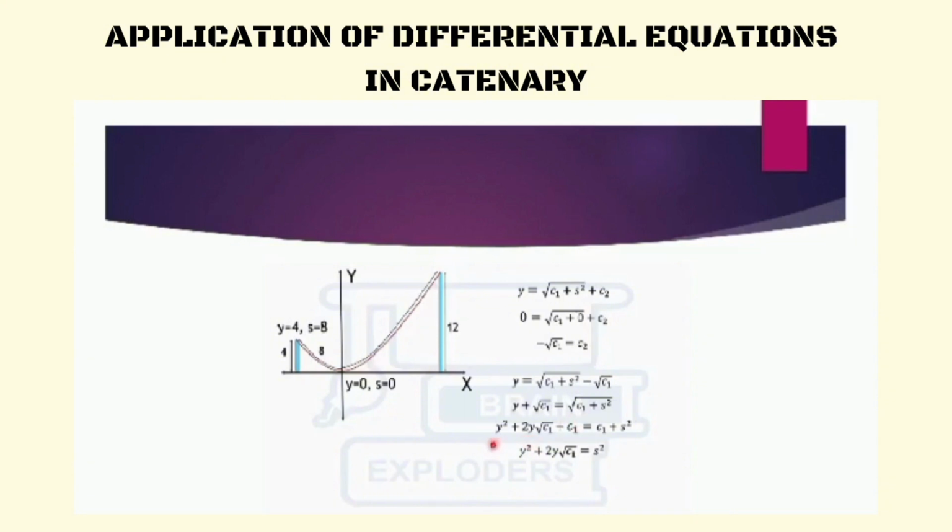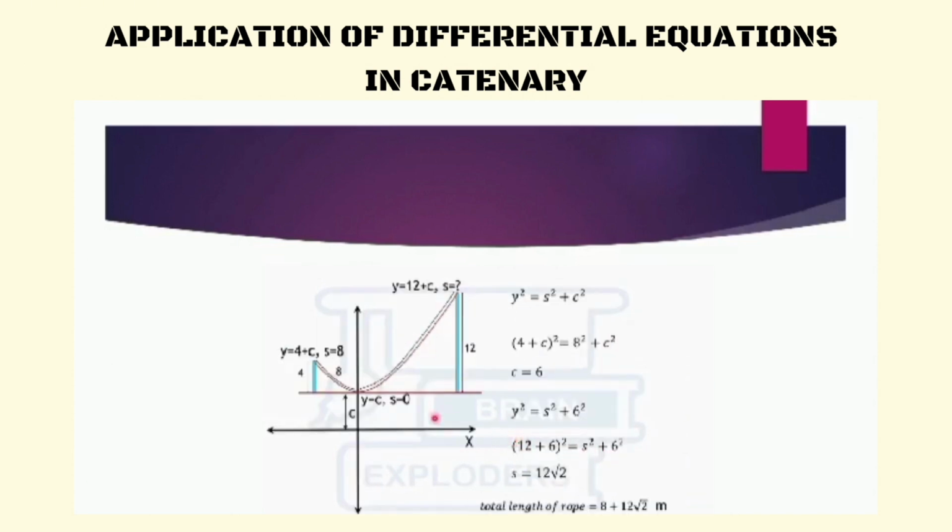Next, y squared plus 2y times the square root of c1 plus c1 is equal to c1 plus s squared. We can cancel the c1 so that y squared plus 2y times the square root of c1 is equal to s squared.